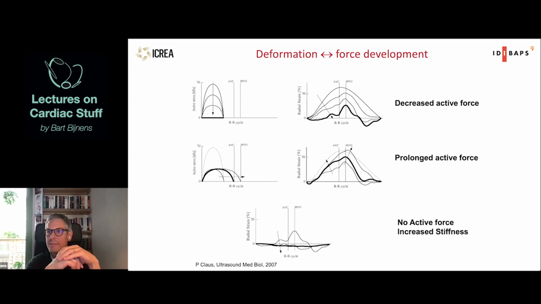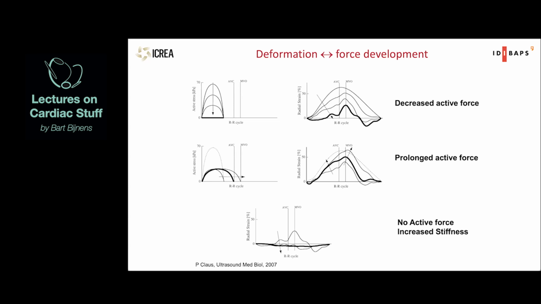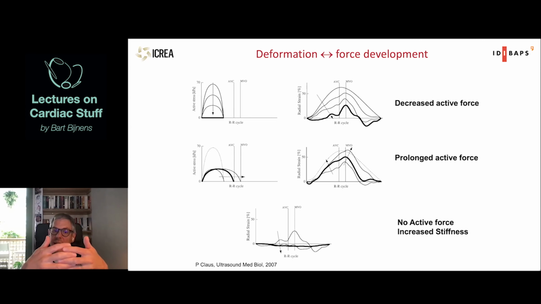Any other questions? Is it the same when you start breaking the cross bridges, or when you break them, is it independent of the length? No, this is what I'm saying. The relaxation is effectively the breakdown of the cross bridges.